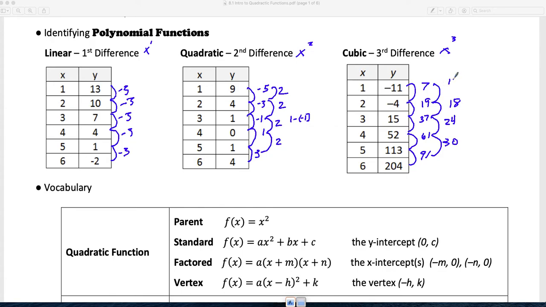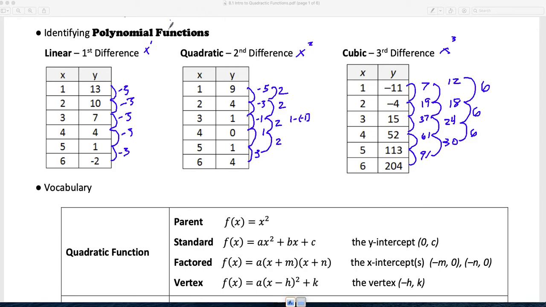So I still don't have the same number, but now you can imagine first difference, second difference. I'm about to do the third difference, and most of you can actually see the difference between these numbers, 6. 30 minus 24 is 6. 24 minus 18 is 6. 18 minus 12 is 6.